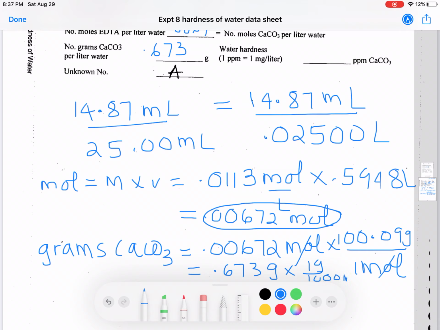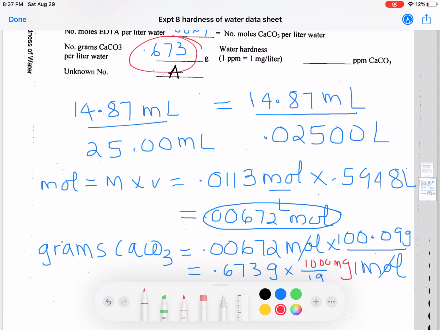See, I did it wrong. That's why I told you you have to pay attention. It should be the other way around. 1 gram is 1000 milligrams. So you multiply this number, 0.673, by 1000.